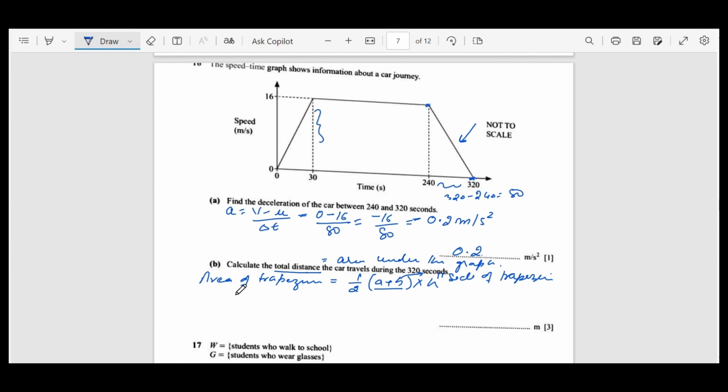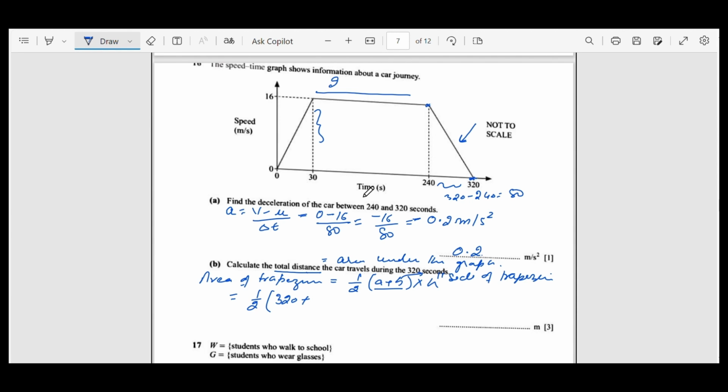So this will be equal to 1 by 2 bracket, here this is 320 plus this will be 240 minus 30, which is equal to 210. So 210 into height will be 16.